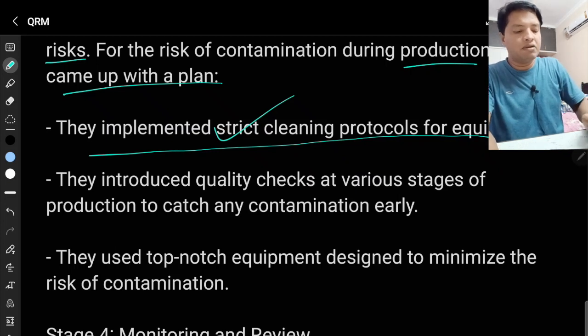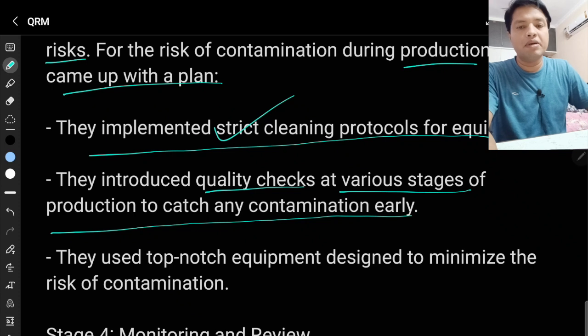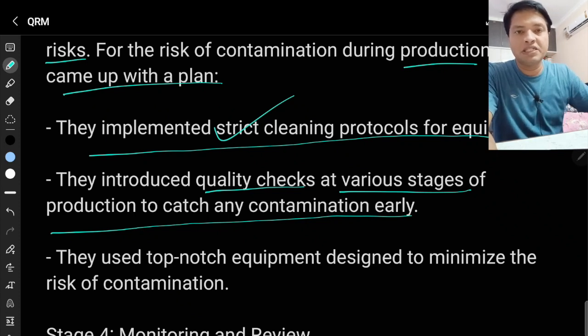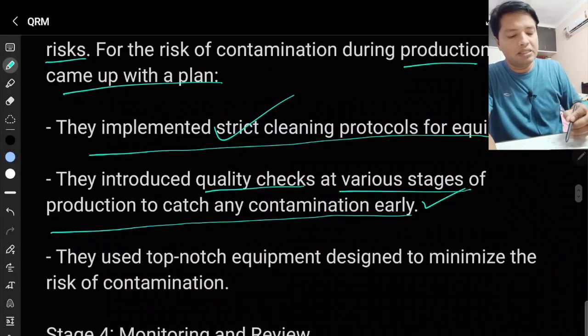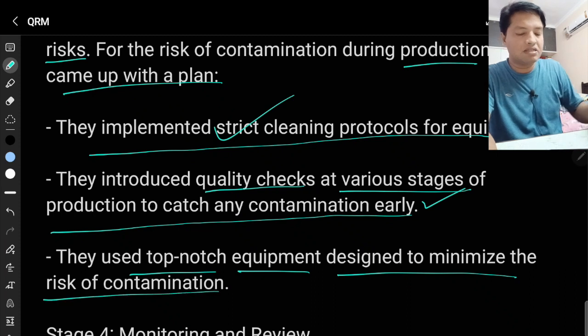Second, they introduce quality checks at various stages of production to catch the contamination in early stages. Instead of catching the contamination after punching the tablet, if you can catch the contamination in the early stage of production, you can minimize the quality issues. The next thing they are doing is using top-notch equipment designed to minimize the risk of contamination.